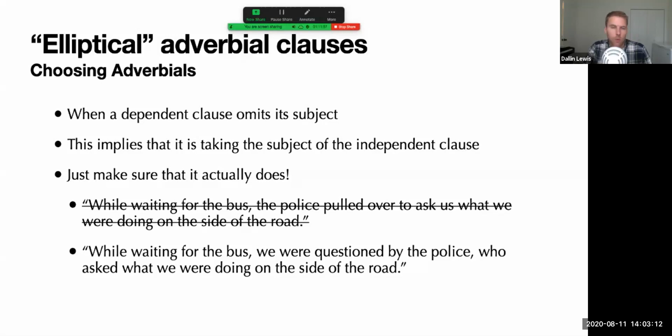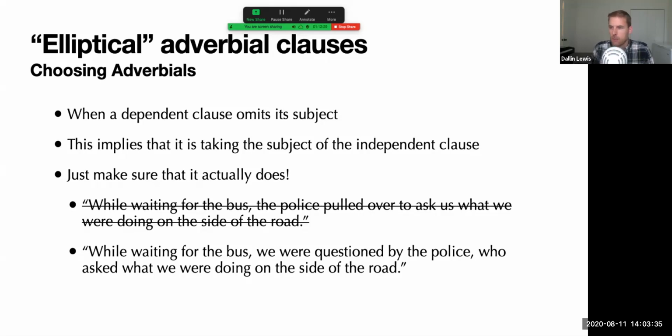Essentially we're just dropping the subject from the wording of our dependent clause, assuming that the reader will pick up that we're using the same subject as the independent clause. But like with adverbial verb phrases, the key is to make sure that the implied subject of our elliptical clauses actually matches up with the subject of our independent clause.